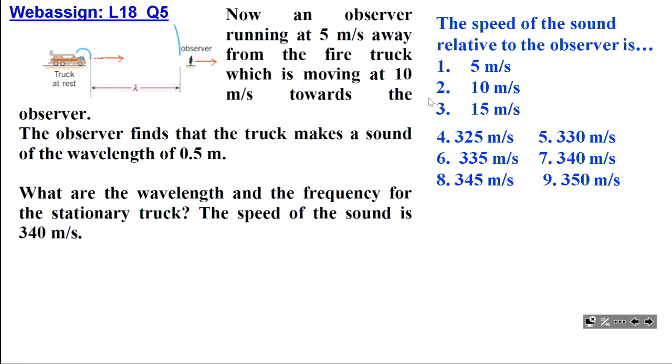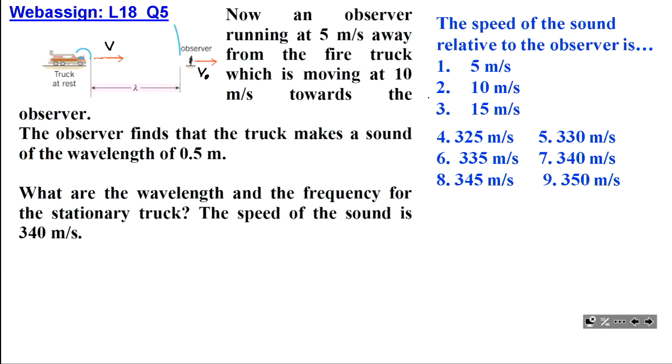So the picture is already here. And now we just need to add one more arrow. This red arrow represents the speed of the sound relative to the ground. This red arrow represents the speed of the observer relative to the ground.